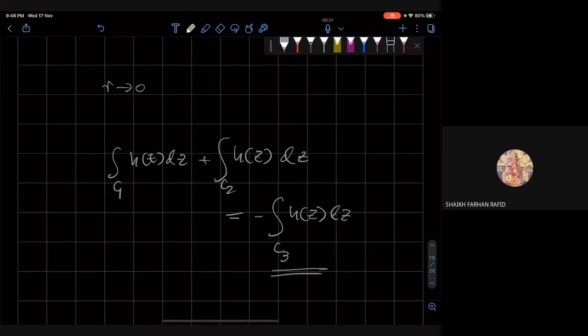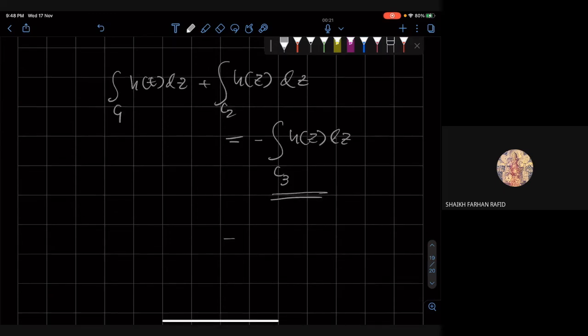But this thing from the Mousehole contour is going to be pi minus 0 divided by 2 times i. And therefore I have i pi by 2. By 2. Sorry.